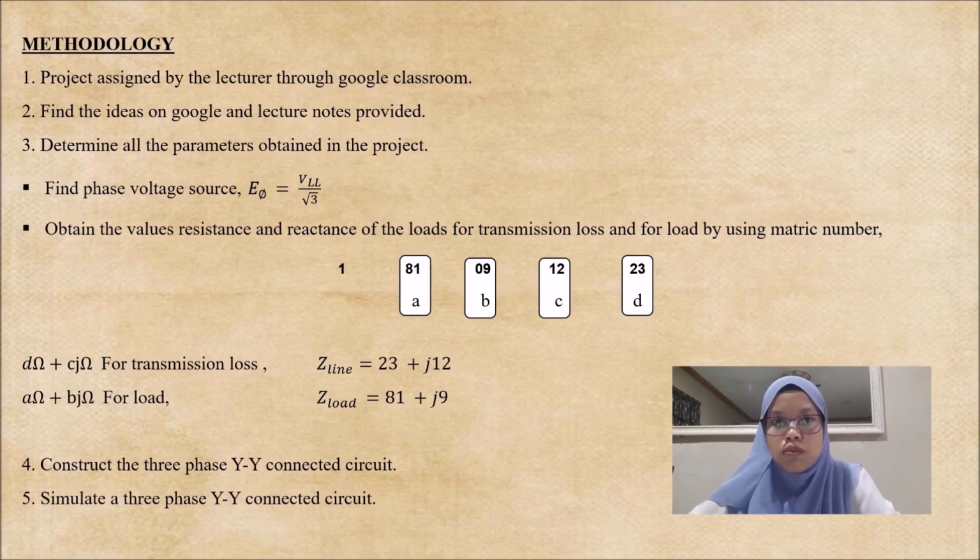So the number 81 in my matric number is A, 09 is B, 12 is C, and 23 is D. So my Z line is equal to 23 plus j12, and my Z load is equal to 81 plus j9. After that, I started to construct the three-phase YY connected circuit and run the circuit simulation by using PSIM.